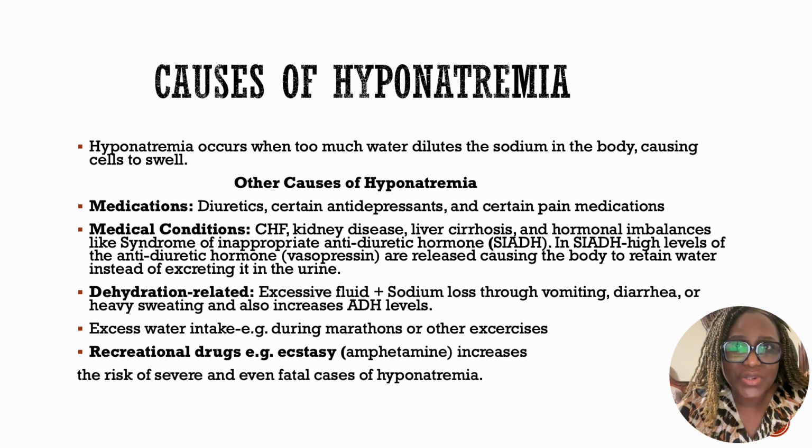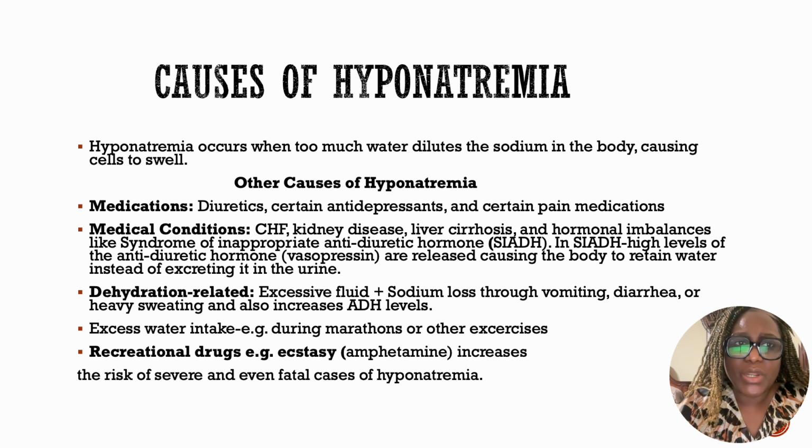Causes of hyponatremia. Hyponatremia occurs when too much water dilutes the sodium in the body, causing cells to swell. Most common causes include medications, for example, diuretics, certain antidepressants, and certain pain medications.